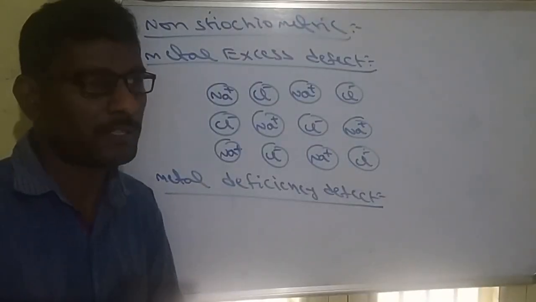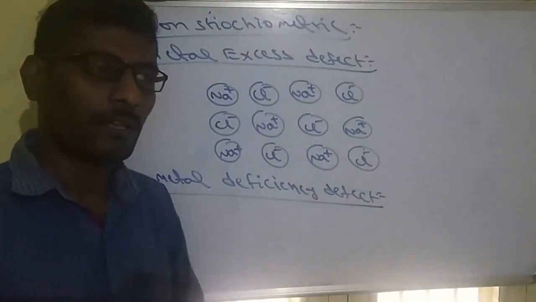For example, if we are taking NaCl solid, Na plus Cl minus, what actually is a metal excess defect? A metal excess defect can be caused either by extra metal atoms or by loss of non-metal atoms. Either possibility is there. If extra metal atoms are coming, that becomes metal excess.